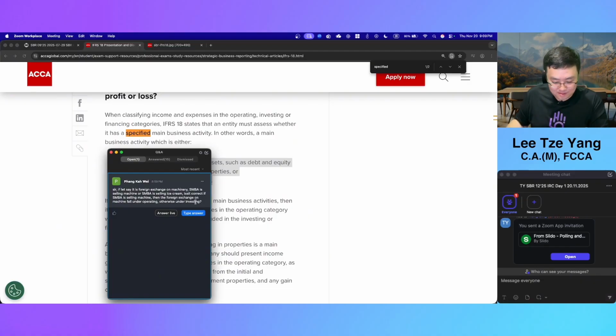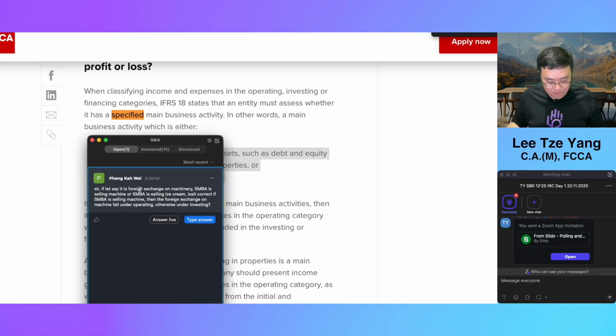If foreign exchange is on machinery, and the SMBA is selling machines or selling ice cream, is it correct that if the SMBA is selling machines, foreign exchange is operating, otherwise under investing? Kawai, I think if the machinery is PPE, then it will be operating. I don't think machinery falls under investing.